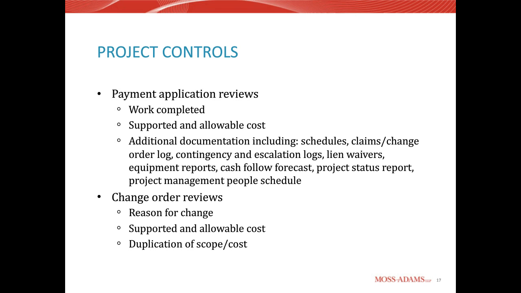Additional documents that you're going to want to look at: schedule. You want to review a change order log, contingency or allowance usage log. You want to look at your lien releases to make sure that payments are properly flowing all the way down to whatever tier of subs you have. You may have second or third tier subs. You want to make sure that they're receiving their payment as well.